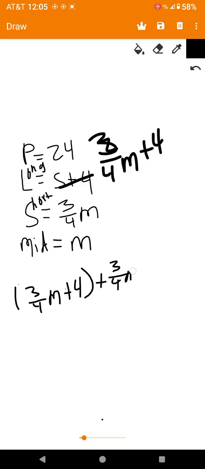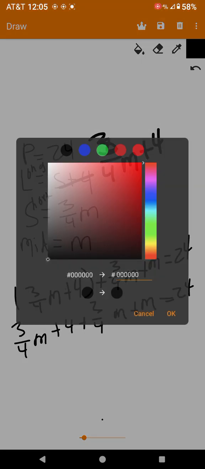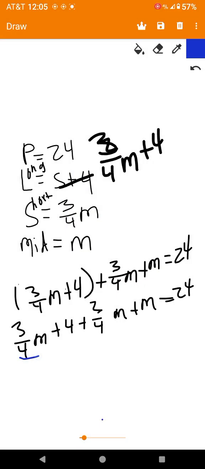So we're going to have 3/4 m plus 4 plus 3/4 m plus m equals 24. Now we can rewrite this without the parentheses, distributing positive 1 throughout these parentheses. So 3/4 m plus 4 plus 3/4 m plus m equals 24.